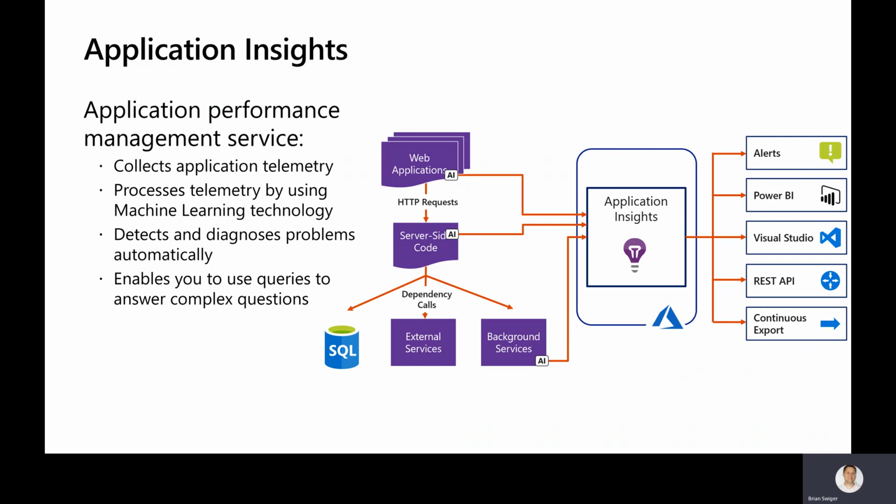So what's interesting with Application Insights is that you can instrument your application all the way from the front end all the way to the back end. So that telemetry can be sent again to our logs and our metrics information. We have those two data sets. It's the same area that Azure Monitor is using. We're going to pump it into that same data store, and then we can visualize it from there.